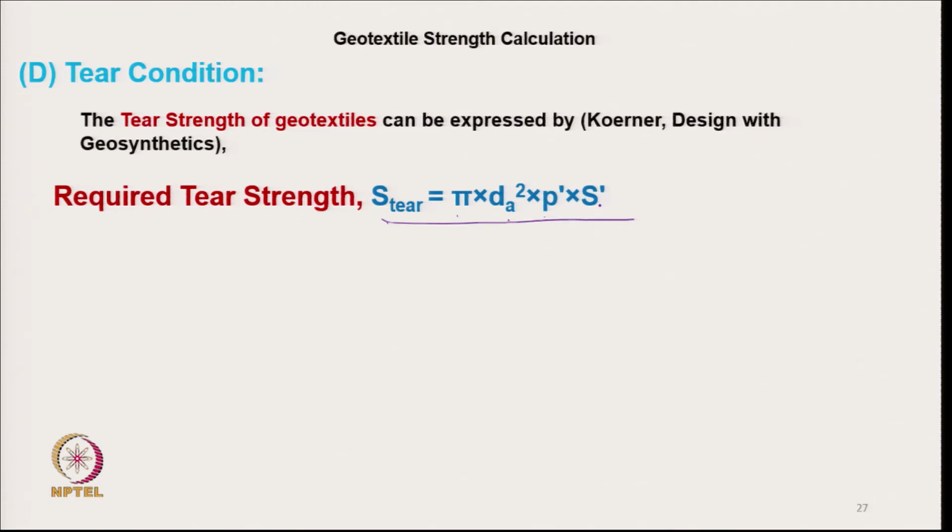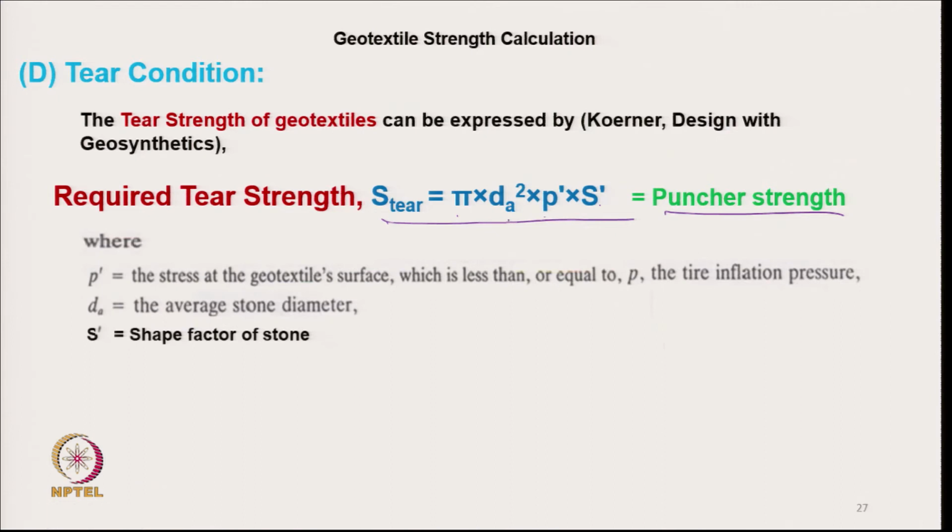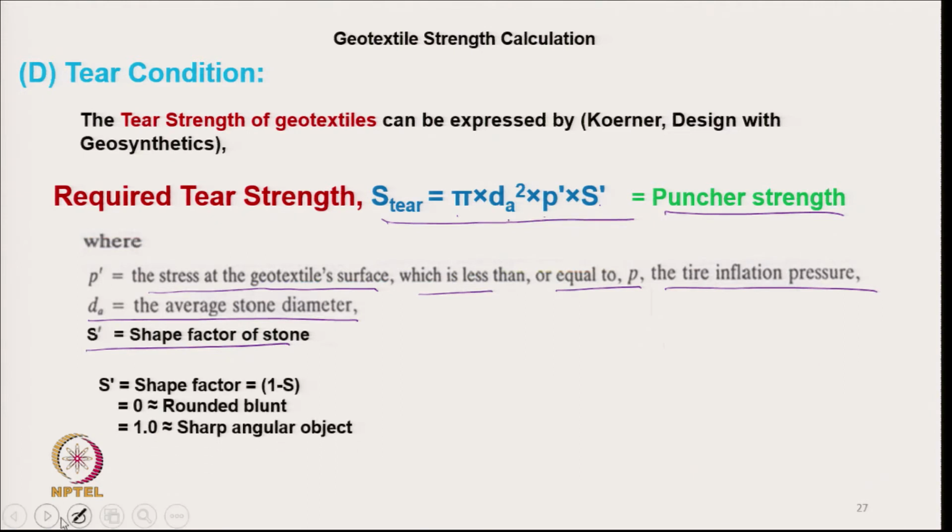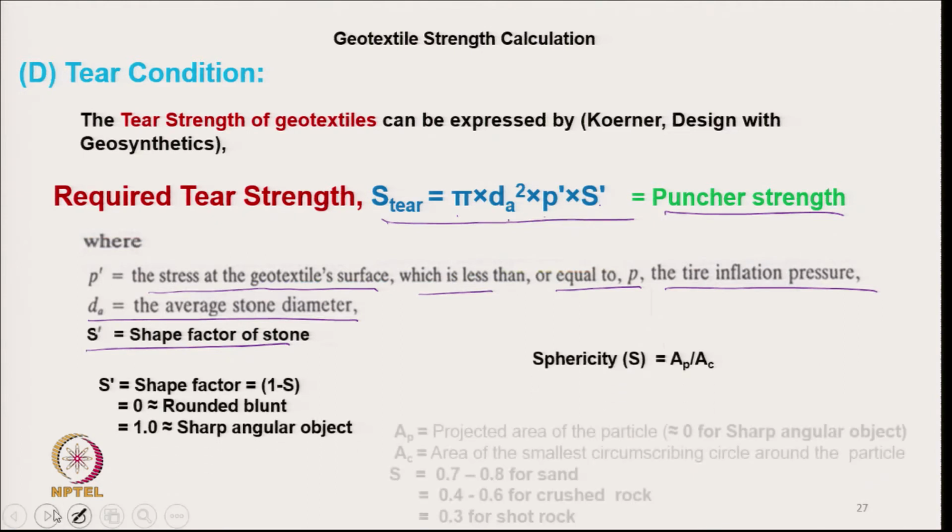S dash is the shape factor here, which is nothing but the puncture strength, as I have already mentioned. P dash is the stress at the geotextile surface, which is less than or equal to the tire inflation pressure, dA is the average stone diameter, and S dash is the shape factor of the stone, as already mentioned.